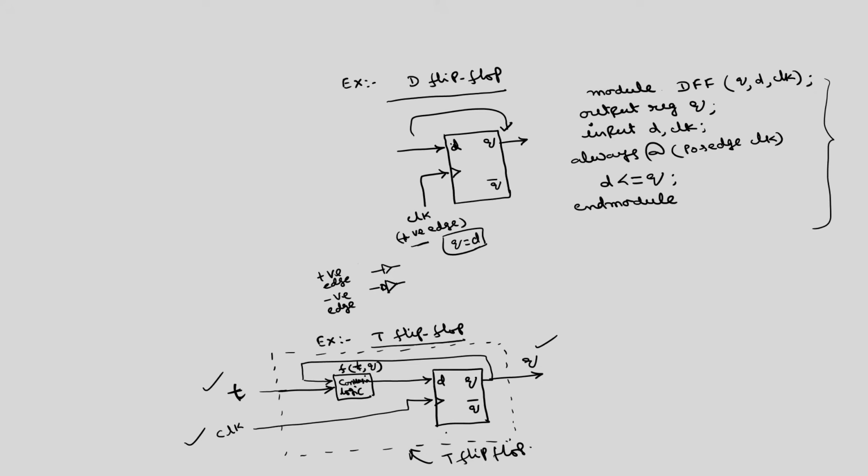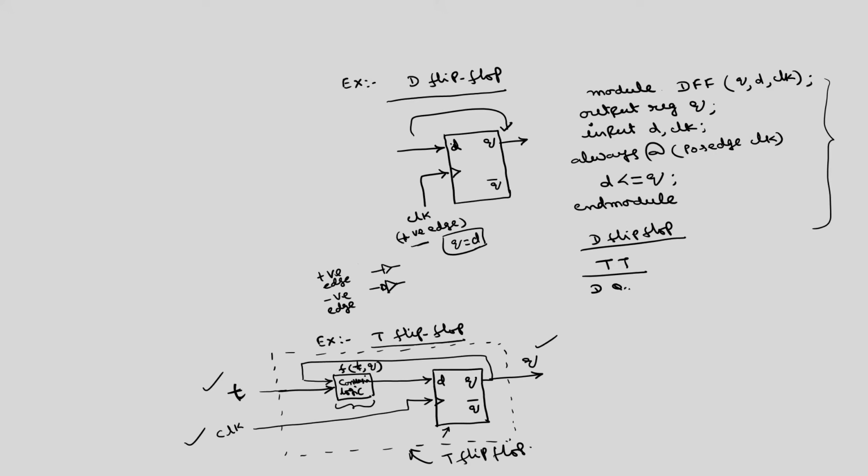But inside this we have a D flip flop, we can instantiate this D flip flop, but the only thing is we require this conversion logic. Okay. To obtain this conversion logic, we should know the excitation tables of the D flip flop and T flip flop. So, these excitation tables can be derived from the truth tables. So, if I take the D flip flop, what is the truth table?